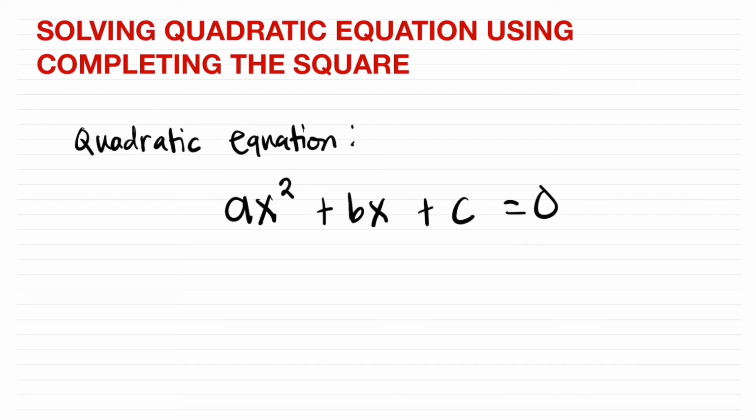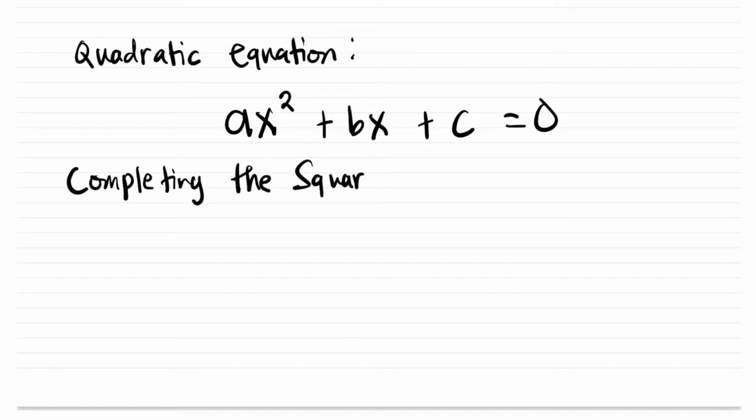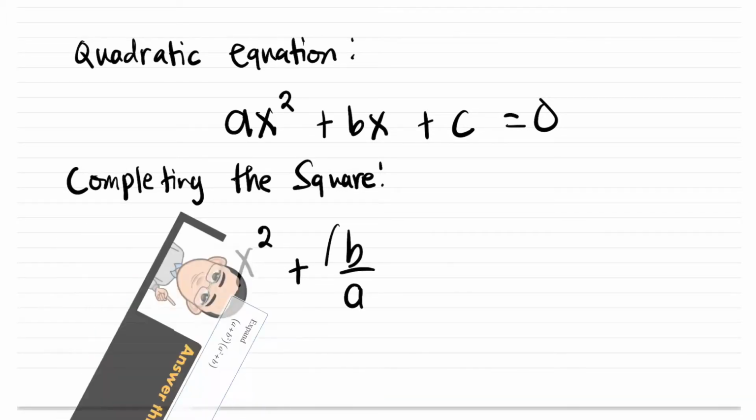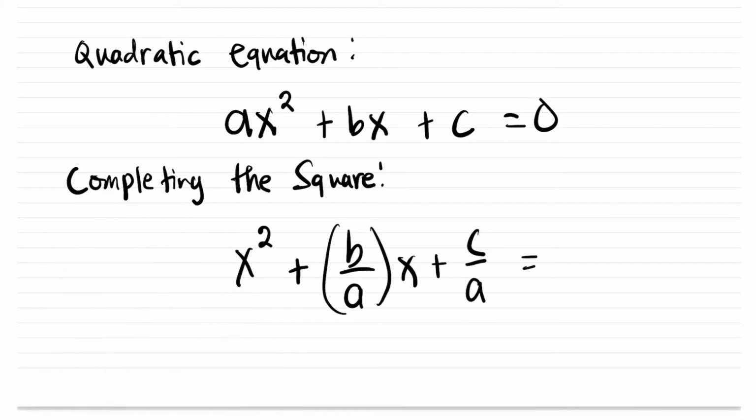Now what if we're trying to complete the square? When we do completing the square, we divide a to all the terms inside the equation. So therefore the result will become x squared plus b over a x plus c over a is equal to 0.